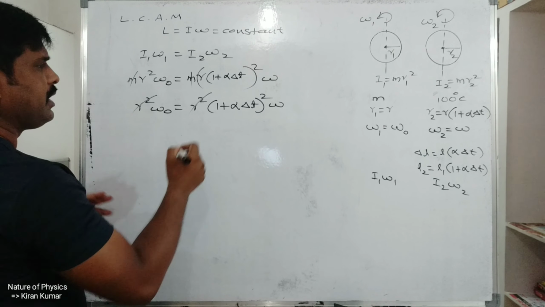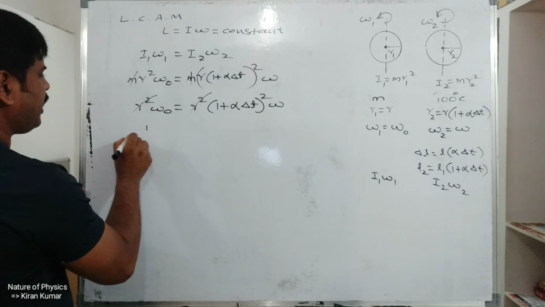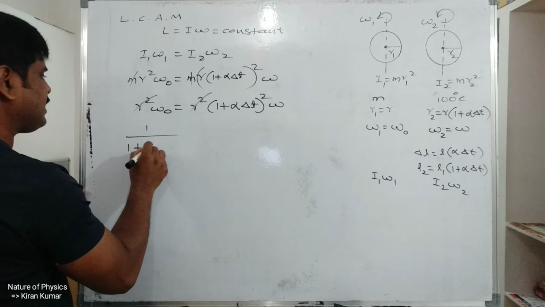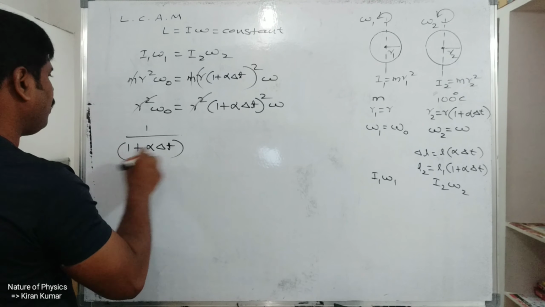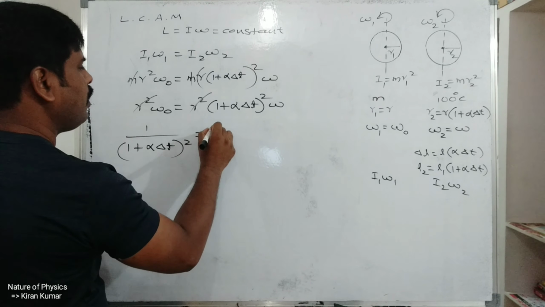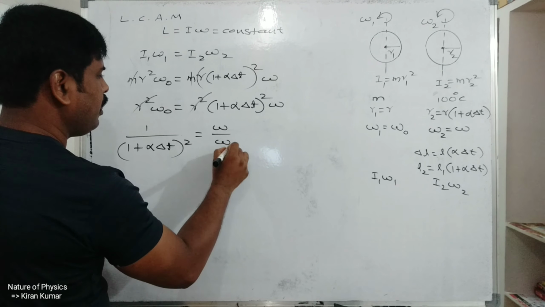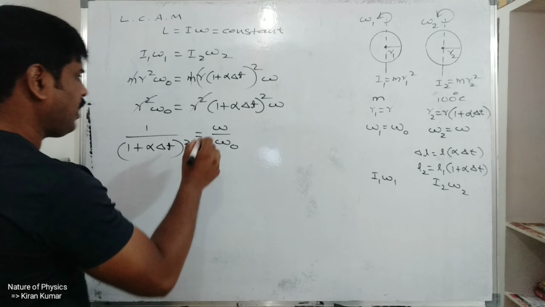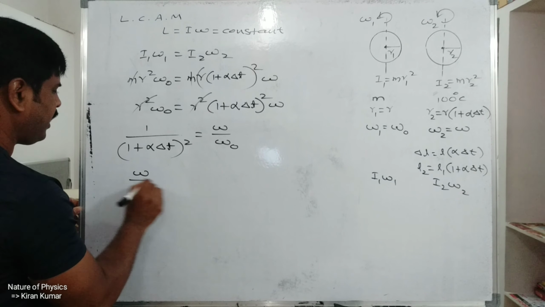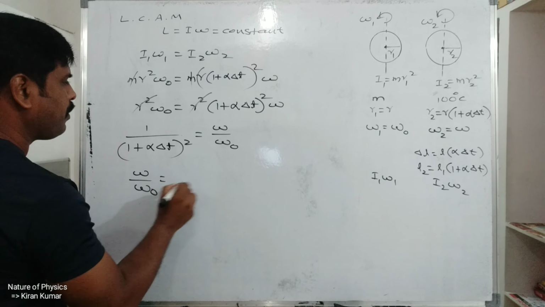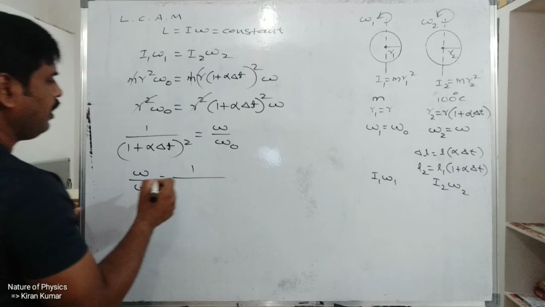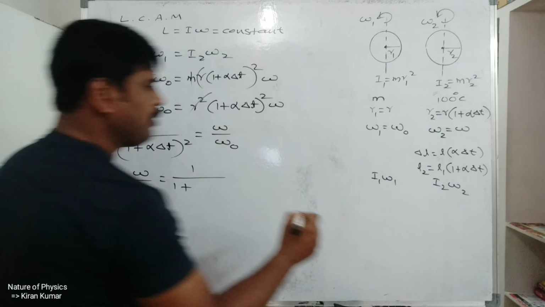Then rearranging this equation, 1 divided by 1 plus alpha into delta t whole square is equal to omega divided by omega naught. Now omega divided by omega naught is equal to 1 divided by 1 plus alpha into delta t whole square. The alpha value, how much is given?